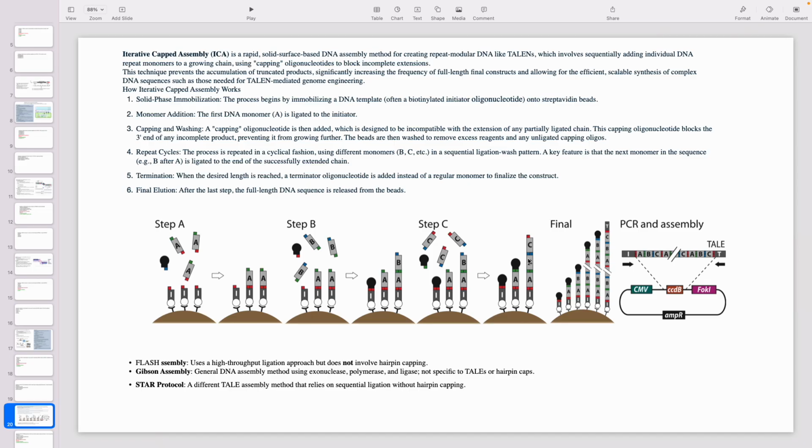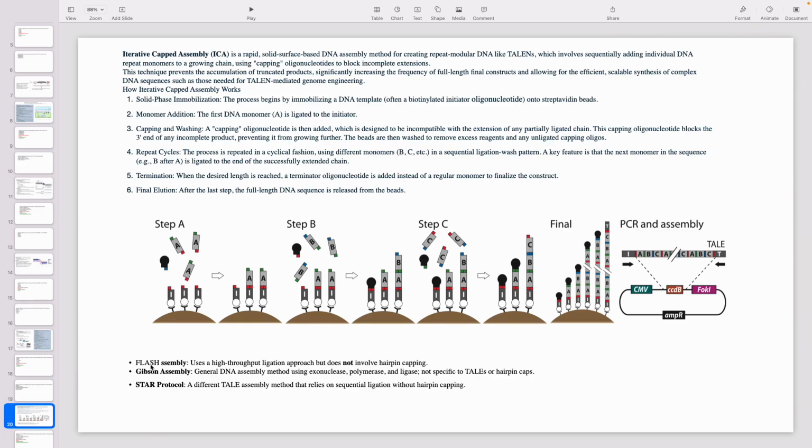Then termination occurs. When the desired length is reached, a terminator oligonucleotide is added instead of a regular monomer to finalize the construct. Then the final elution occurs, and the product is inserted or cloned into a compatible vector. This can be used for genome editing purposes.